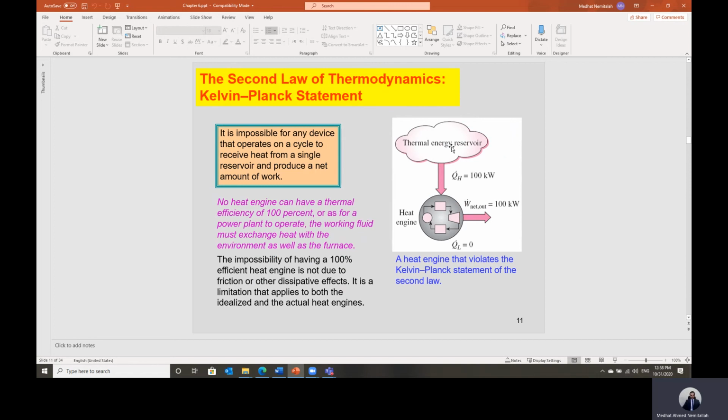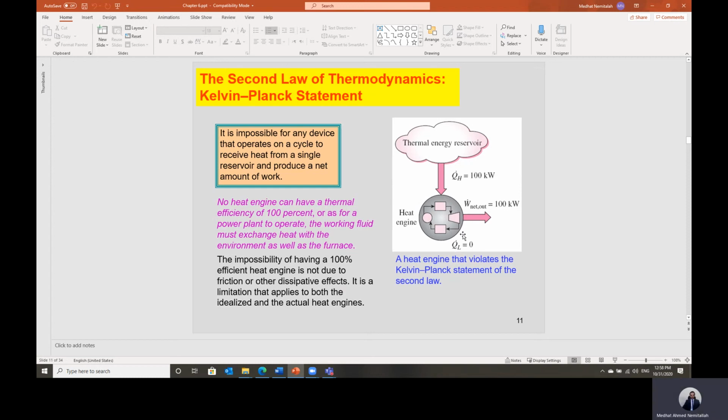It states that it is impossible for any device that operates on a cycle to receive heat from a high temperature source and convert all of this heat into output work without rejecting heat. So this is an impossible design. We cannot design a system working on a cycle without heat rejection.